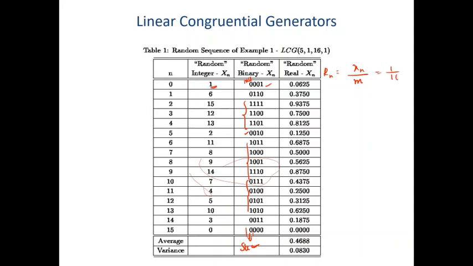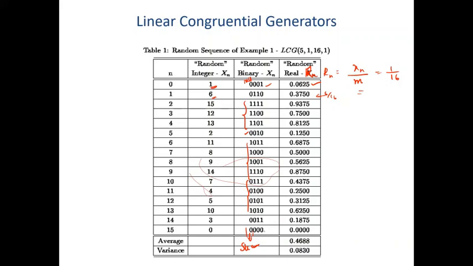So 1 divided by 16, the value is 0.0625. In the next case, it is 6. So Rn will be 6 by 16, which turns out to be 0.3750. So this is how you are going to find the value of the random real number Rn. Okay, this is not xn, this is Rn.